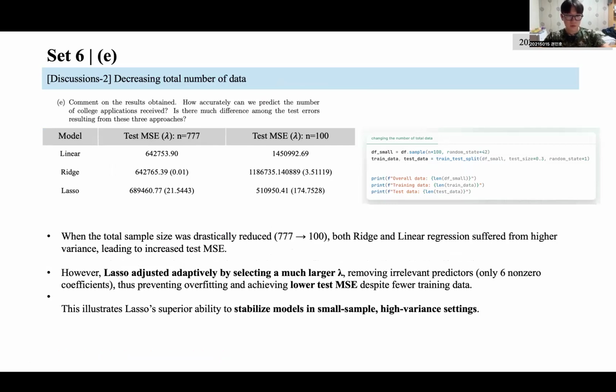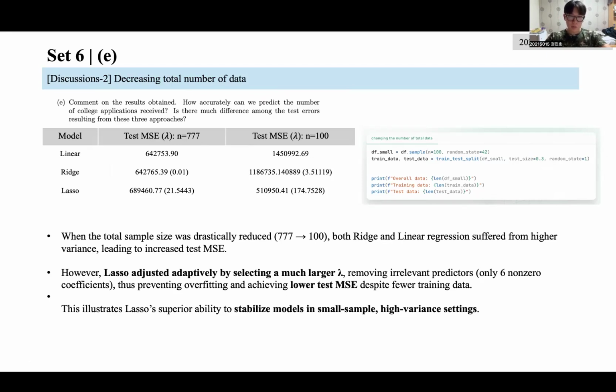In this case, I reduced the total sample size from 777 to 100 to see how each model behaves with less data. As we can see, both linear and Ridge regression show much higher test MSE. Their variance increases due to the small training set. However, Lasso adapts automatically by selecting a much larger lambda and shrinking most coefficients to zero.